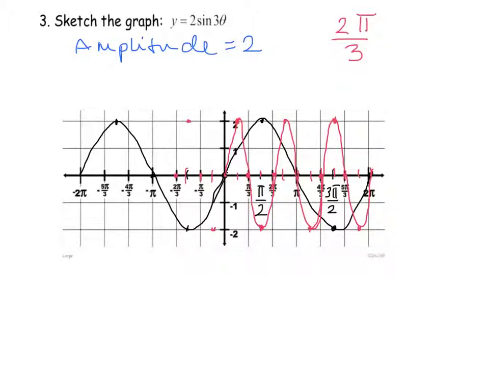So here is my first cycle. Then again I have negative 2, 0, 2, and 0. So I go for the second cycle. And then I go for the last one. So again, if I go towards the negative 2 pi direction, I will have 3 graphs over the negative 2 pi.